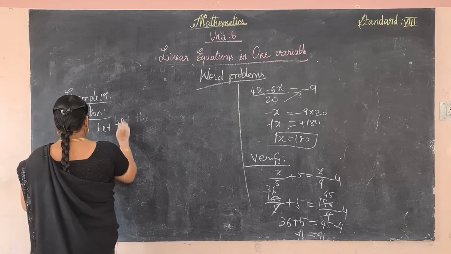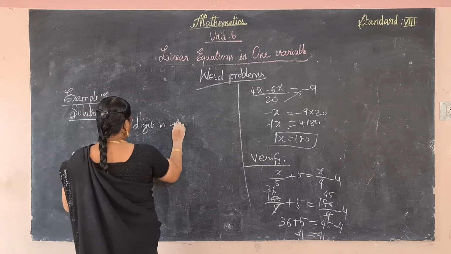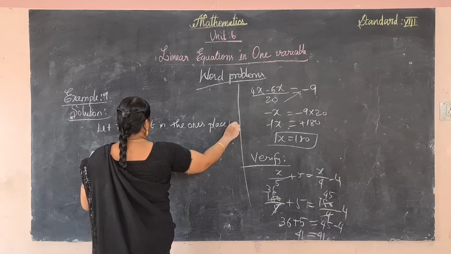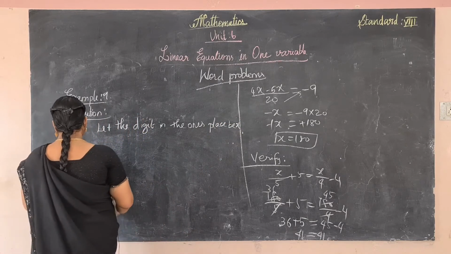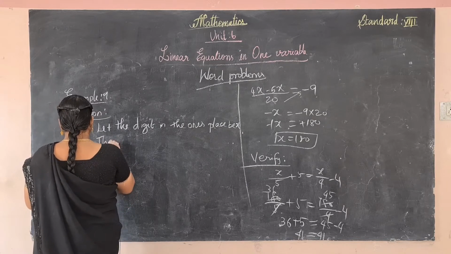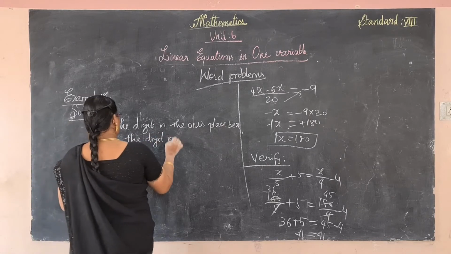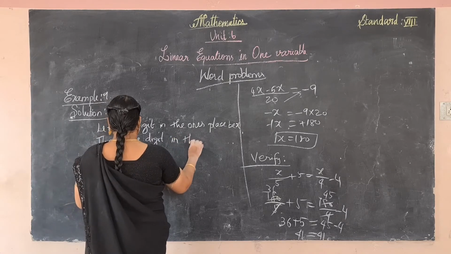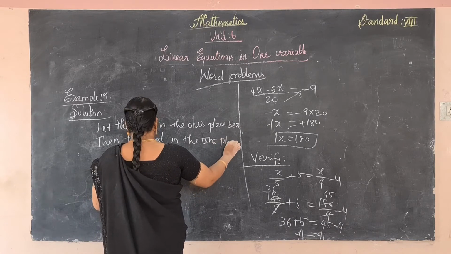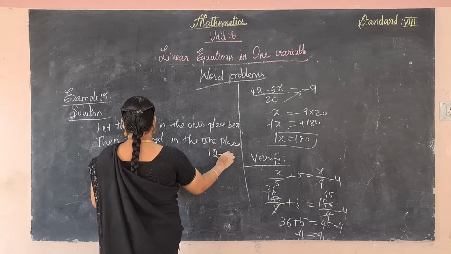Let the digit in the ones place be x. And the digit in the tens place, what is given? 12 minus x.